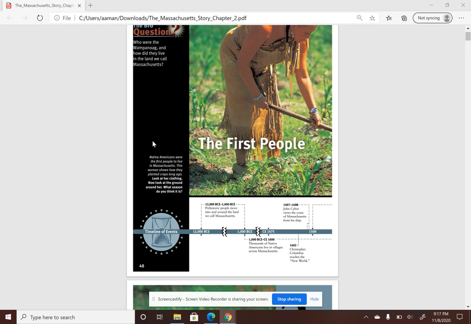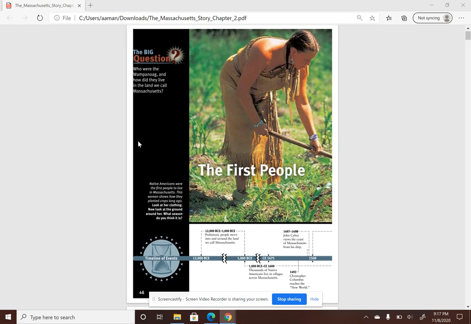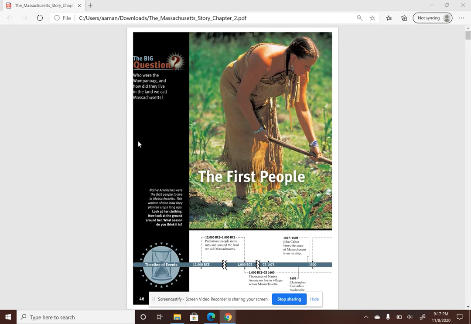Then we have our label. Native Americans were the first people to live in Massachusetts. This woman shows how they planted crops long ago. Look at her clothing. Now look at the ground around her. What season do you think it is?